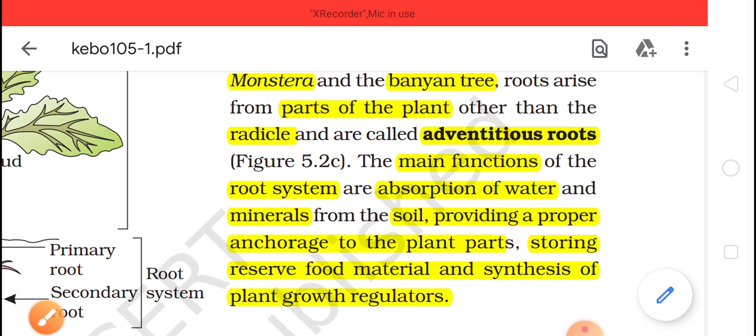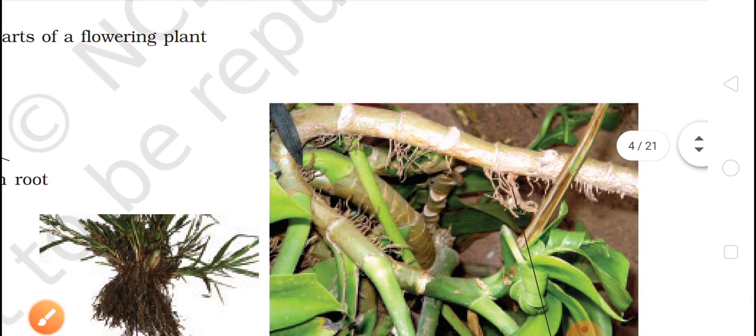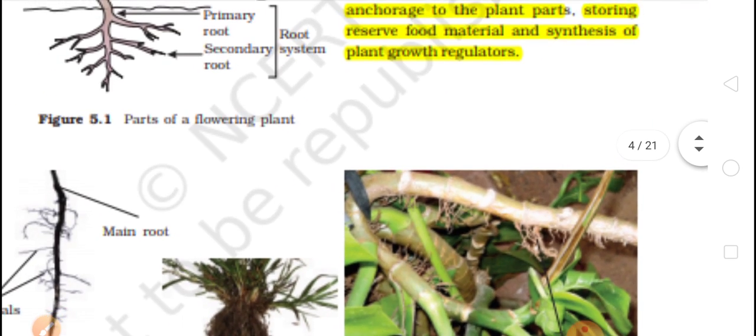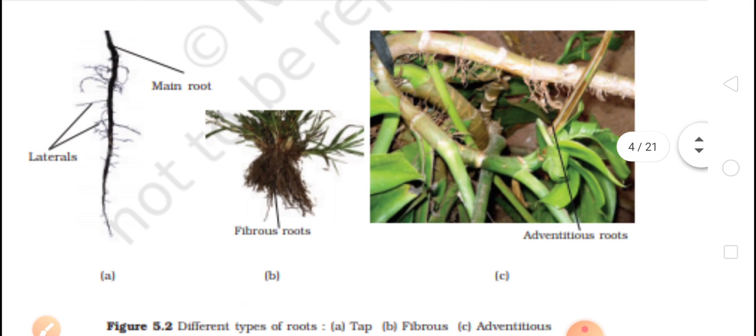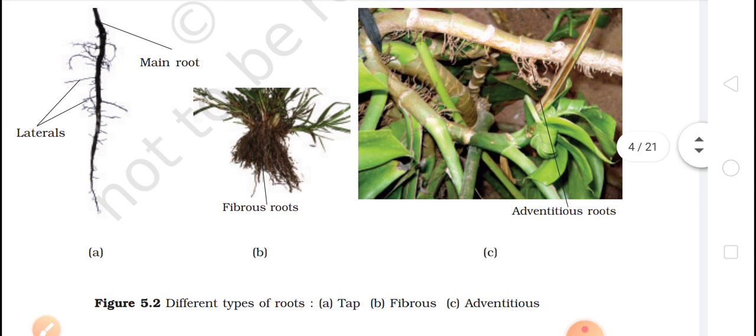Clear? Now see the structure, children, of the three types of roots. The first one is tap root, B is fibrous, and C is adventitious.